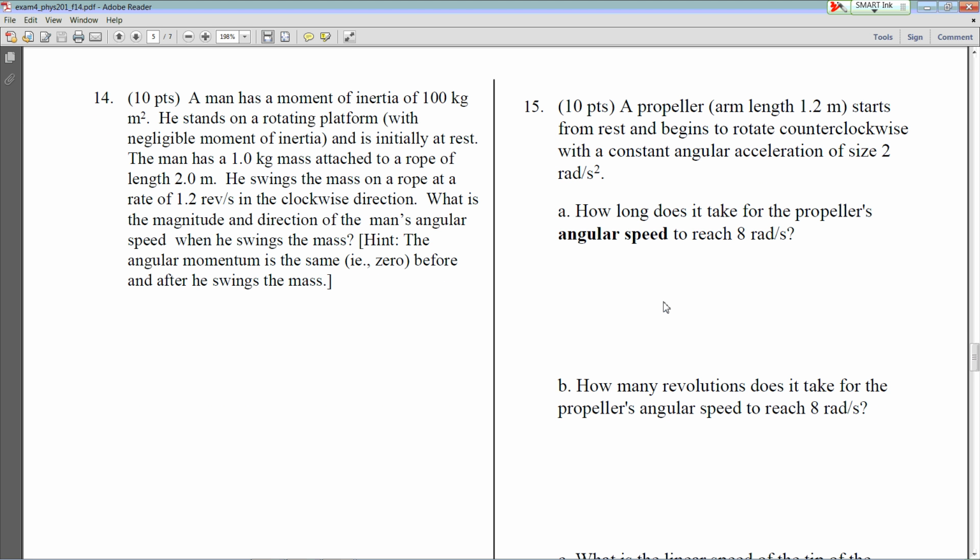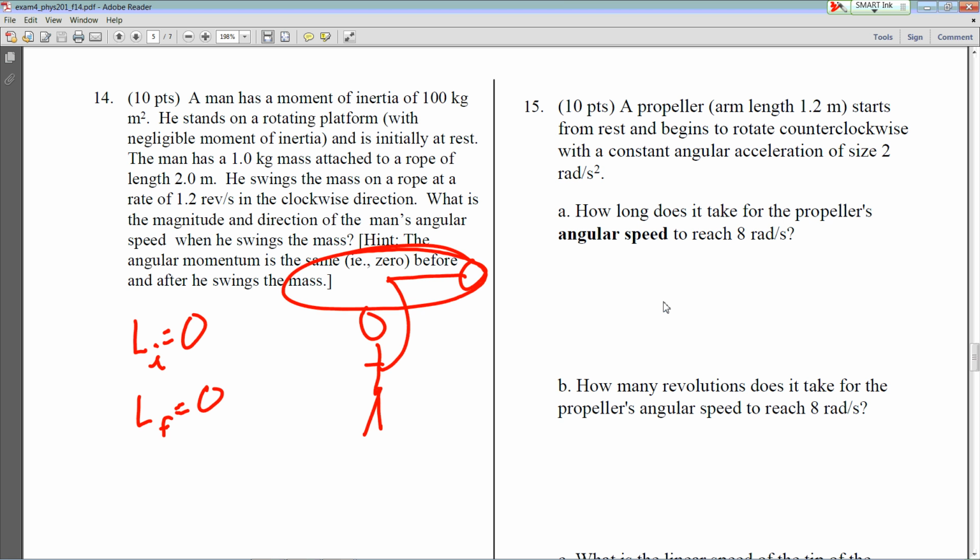Okay, this is a conservation of momentum problem. Initially, nobody's moving, right? So my initial angular momentum, Li, is equal to 0. So then I know also that my L final has to equal 0. What you have here is this guy swinging this thing around his head at a certain speed, 1.2 revolutions per second. And so this has a certain amount of angular momentum.